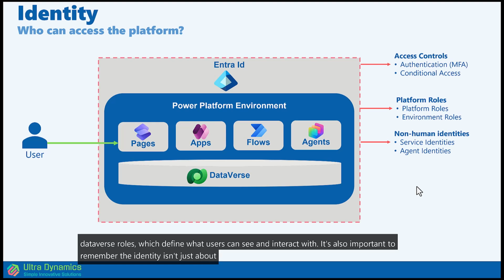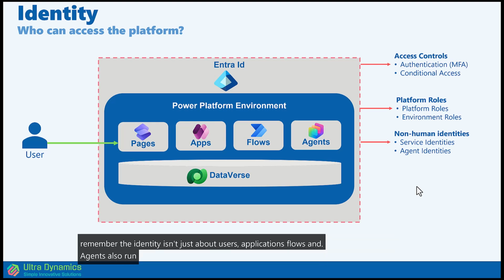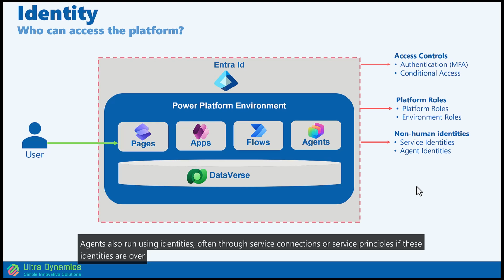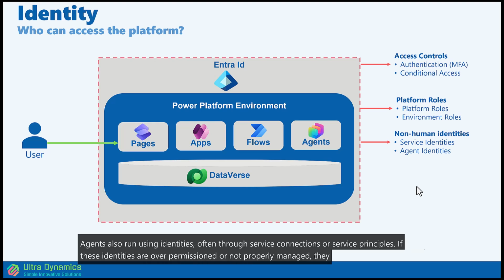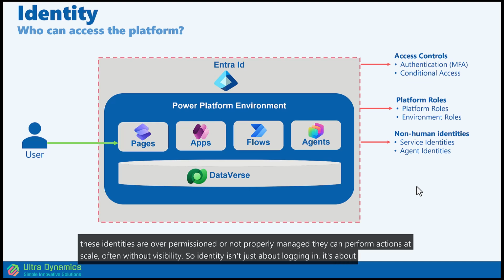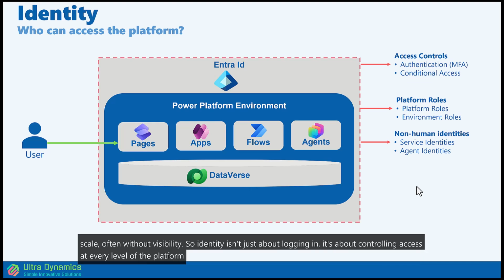Applications, flows, and agents also run using identities, often through service connections or service principals. If these identities are over-permissioned or not properly managed, they can perform actions at scale, often without visibility. So identity isn't just about logging in, it's about controlling access at every level of the platform for both users and non-human actors.